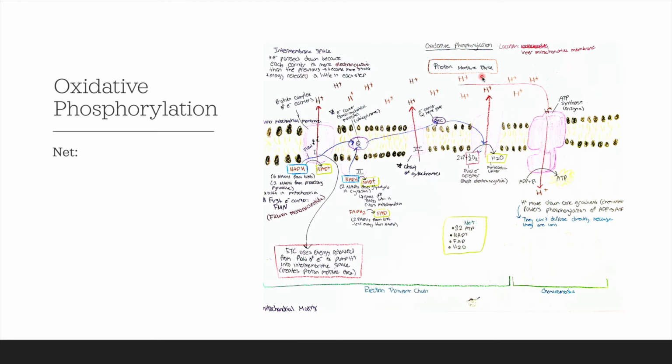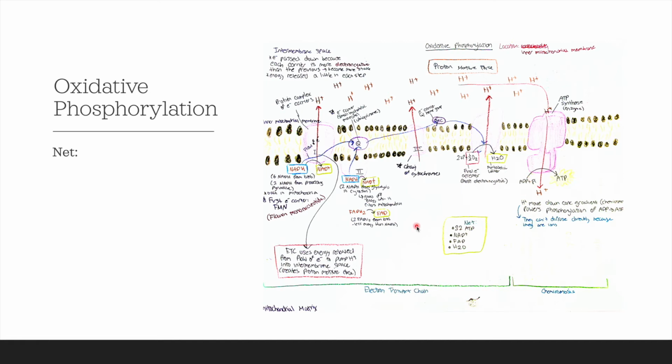Protons then move back down their concentration gradient using ATP synthase, an enzyme. This process is called chemiosmosis because protons are moving back down their concentration gradient. The flow of protons through ATP synthase powers the phosphorylation of ADP to ATP.